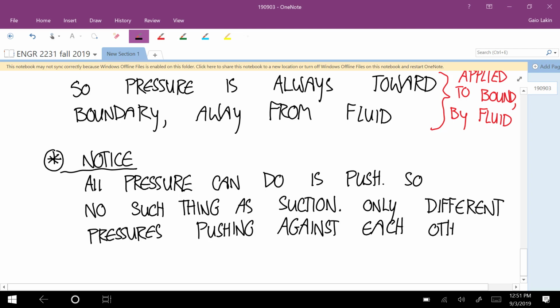And the effect of that is that high pressure gas wants to move into lower pressure. You have a question?